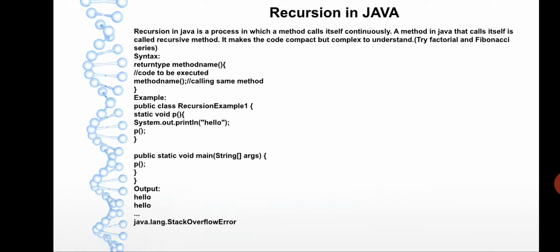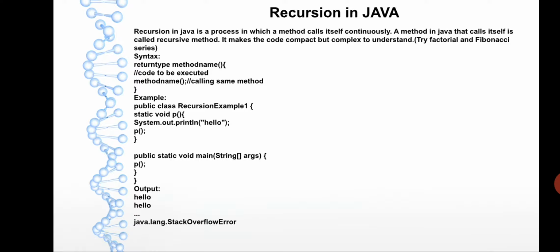Not just 100, any number is fine. But you have to take one extra variable, flag equal to 0, in the initial stage, and before calling the p method, you just increment flag plus plus. That's it.